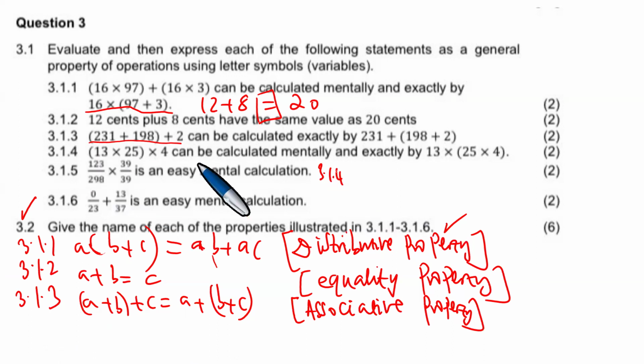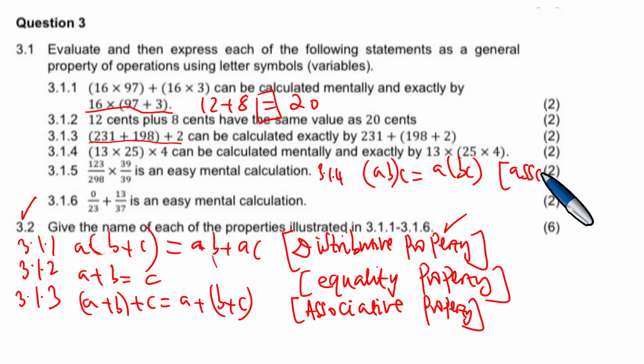In 3.1.4, we start with a bracket, and then we have two things like A, B, C, and then you have A, B, C. This is called the associative property as well, because it's grouping. Next, let's look at 3.1.5.